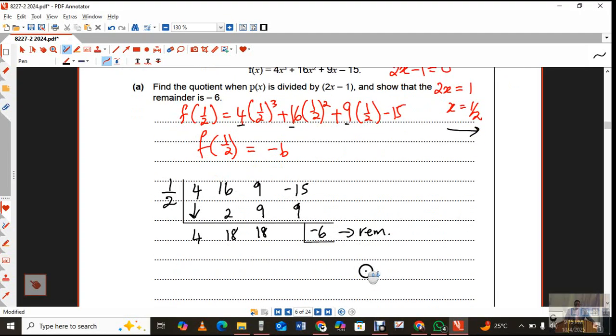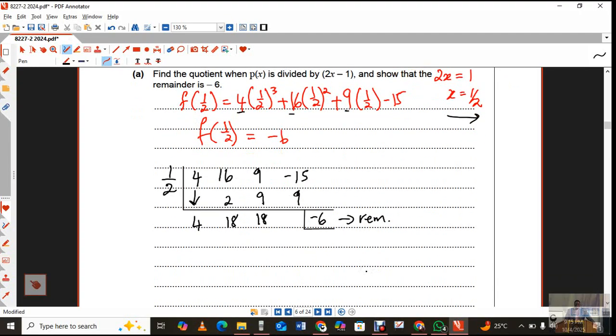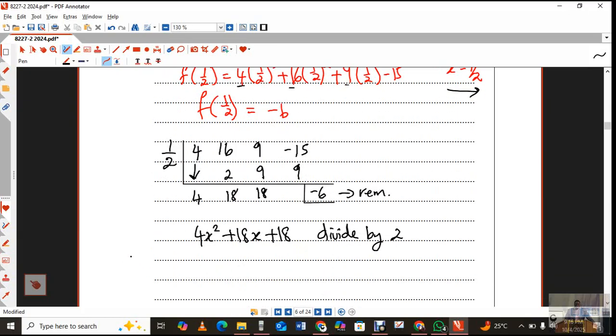However, since you are dividing by 1 over 2, you have to divide this 4x squared plus 18x plus 18 by 2. That's what you need to do. You need to divide that answer by 2, otherwise it will not be the same. That is why I said you rather do the long division if this concept is a bit difficult for you.